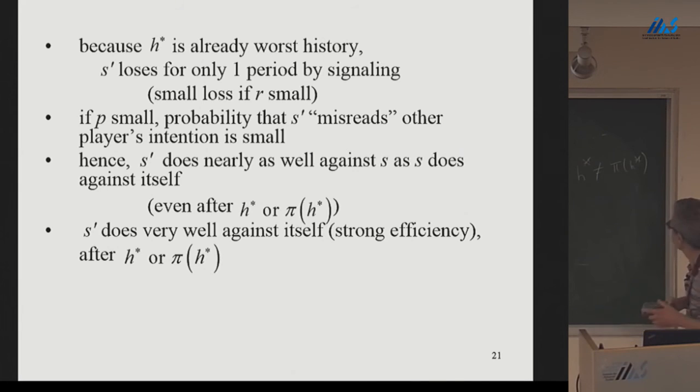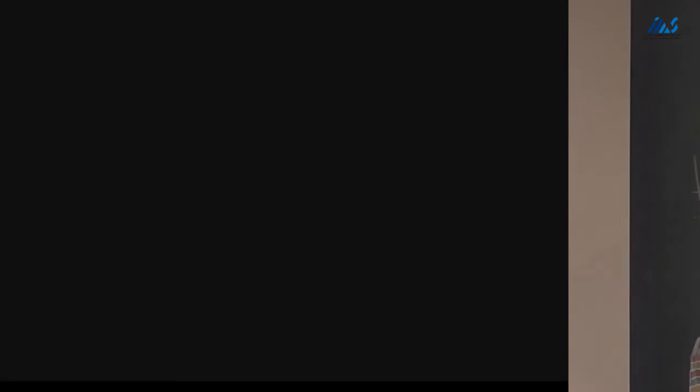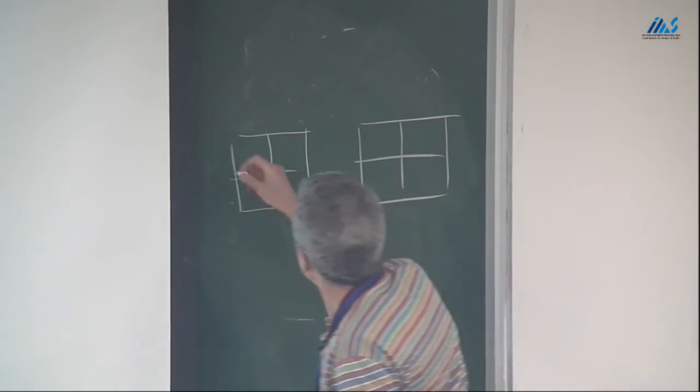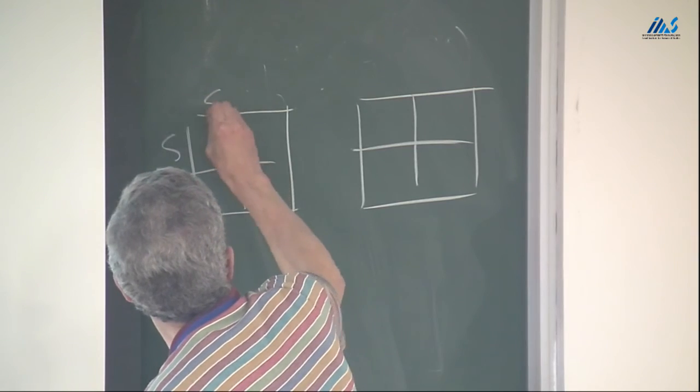So we can make a table. Actually, we can make two tables. Is this visible? Okay. Comparing S to S prime.